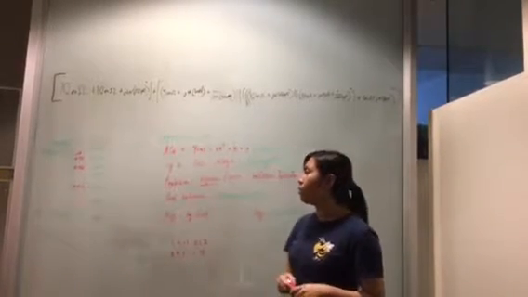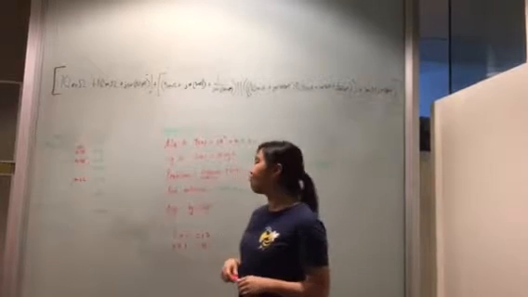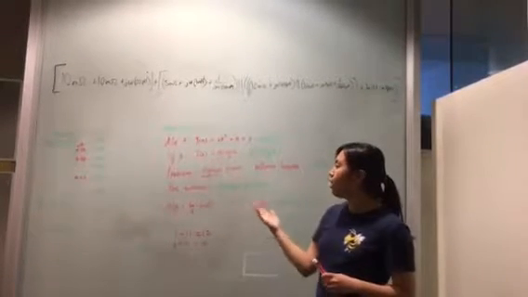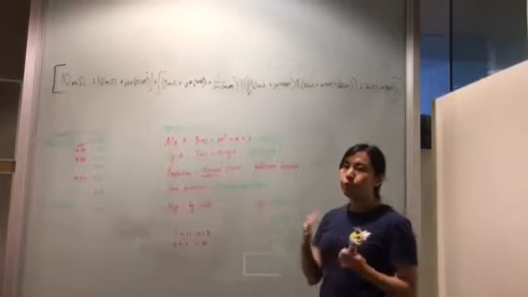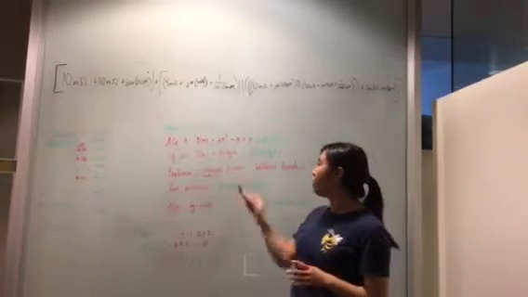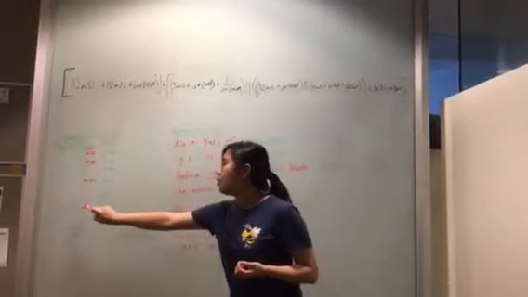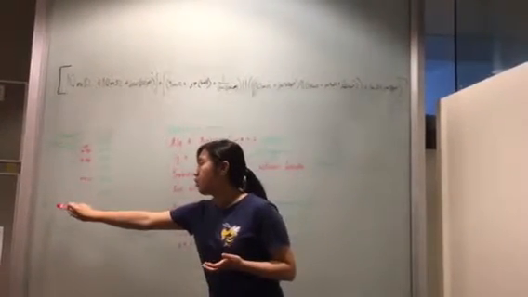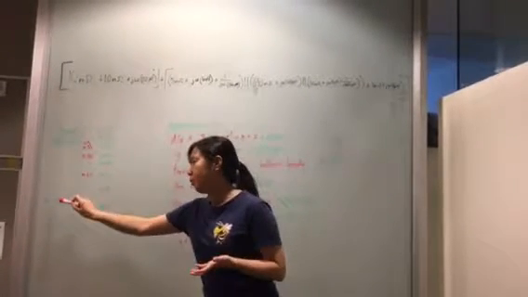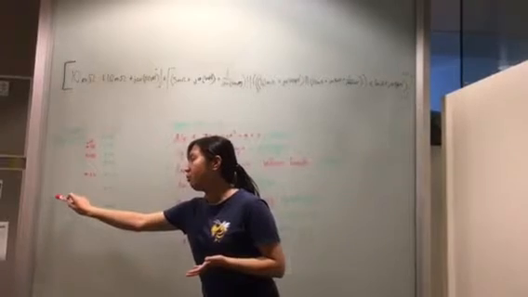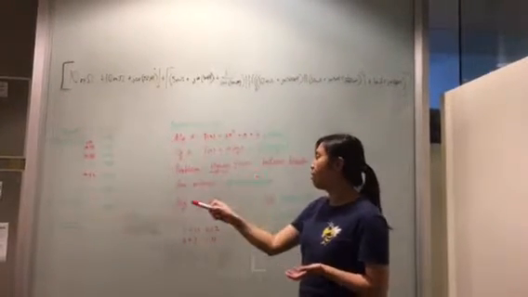We use a 60 level tower here, and they want to know the highest floor from which the balloon does not break. So if the highest floor for the balloon is 10, that means the balloon will break if you drop it from the 10th level, but it will not break if you drop it from the 11th level.